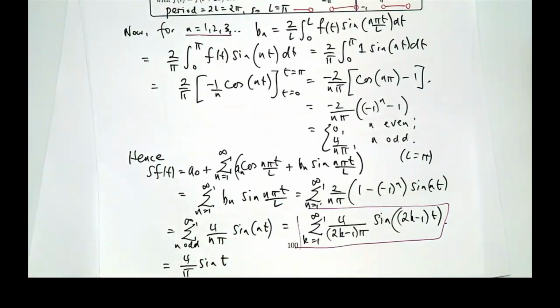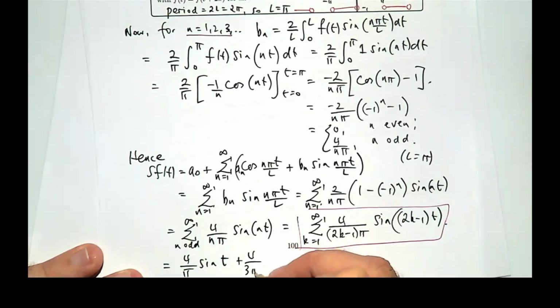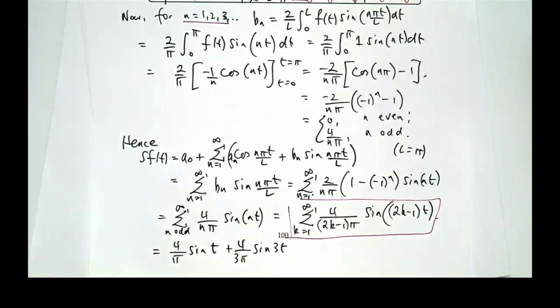Let's move along. Let's put in k equals 2. So it's going to be 4 on 3 times pi times sine of 3t.